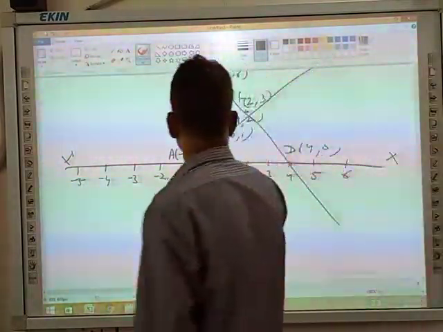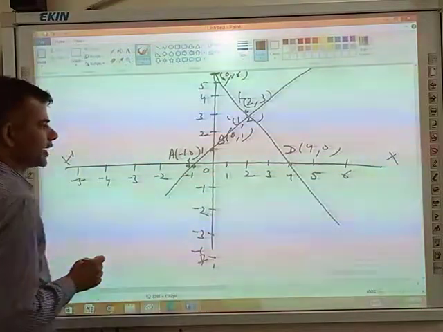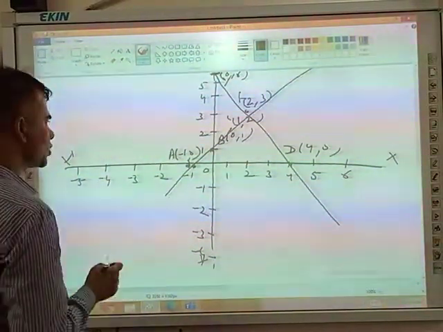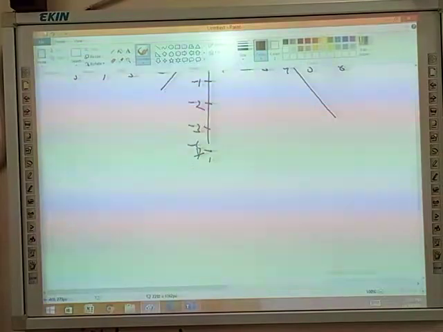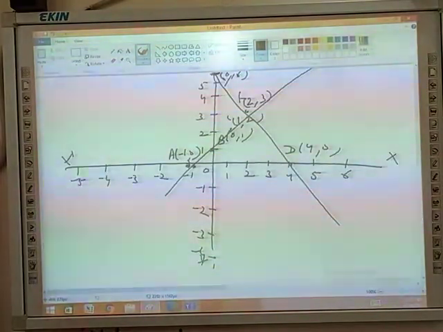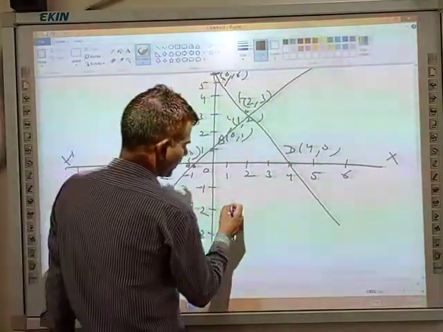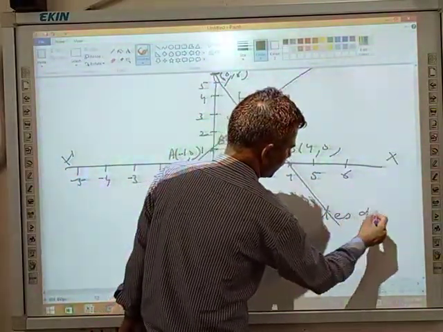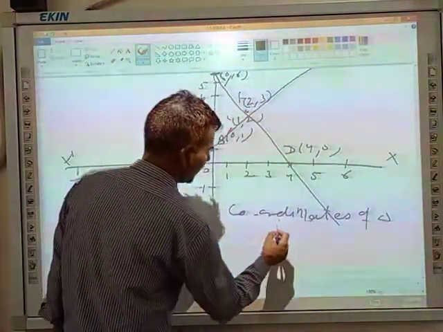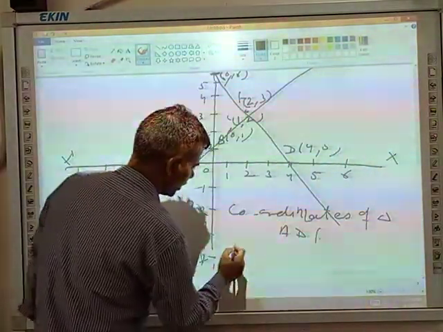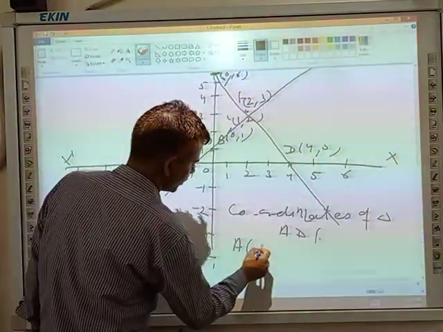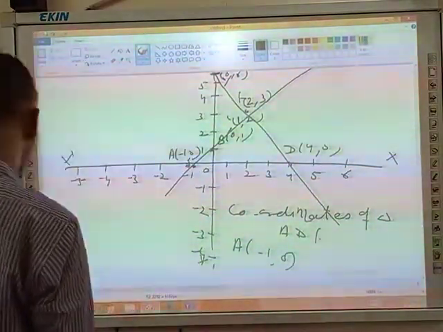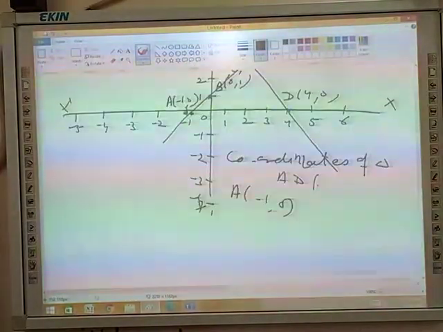Now students, these are the coordinates of triangle ADF. Any doubt, any problems? Coordinate of A is minus 1, 0. Coordinate of D is 4, 0.